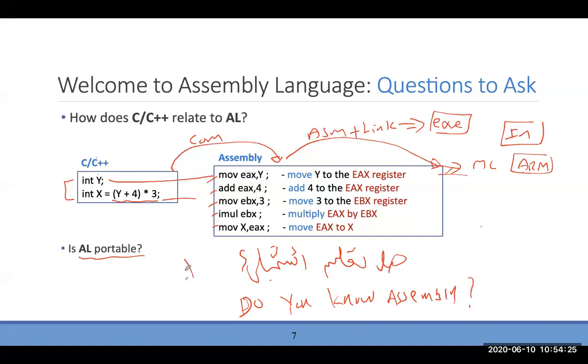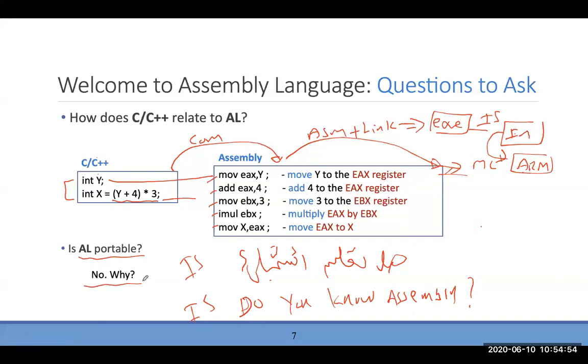So this is an instruction set, right? And this is a different instruction set. So the assembler, along with the linker, creates an executable file based on a specific instruction set. So these instruction sets for Intel, if you want to take them and execute them there, they are not going to work. So that's why the executable here is not portable. So the assembly language is not portable. All right. So just keep that in mind. Okay.